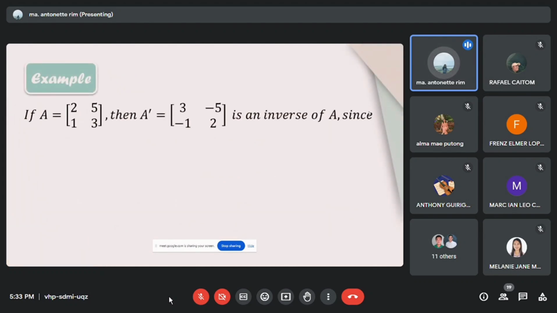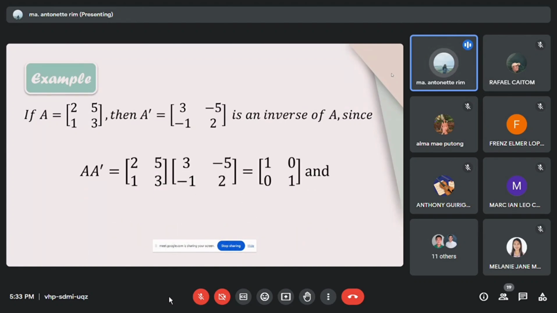Okay, so example, if A is equal to [2, 5; 1, 3], then its inverse, A inverse, equals [3, -5; -1, 2]. Since kung ato na siyang i-multiply, the product of A and its inverse, [2, 5; 1, 3] times [3, -5; -1, 2], is equal to the identity matrix. If we perform matrix multiplication, 2 times 3 is 6 plus 5 times negative 1.